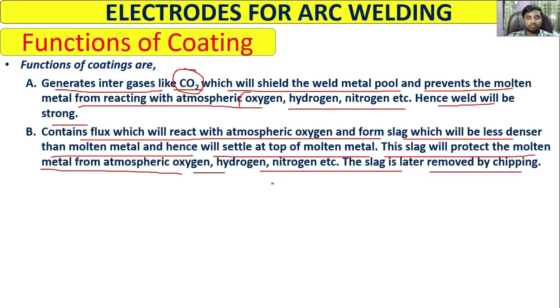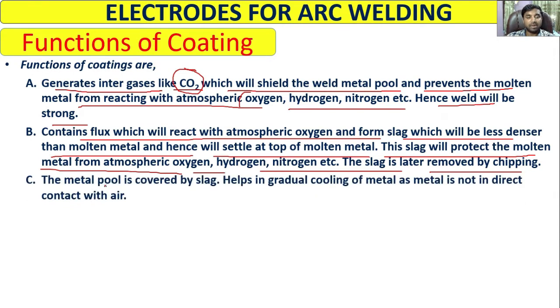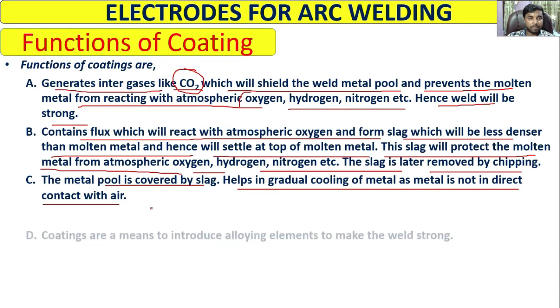The metal pool covered by slag also helps in gradual cooling of the metal, as the metal is not in direct contact with air. The metal pool is covered by slag and cools normally in the air, so definitely we can get good quality here.